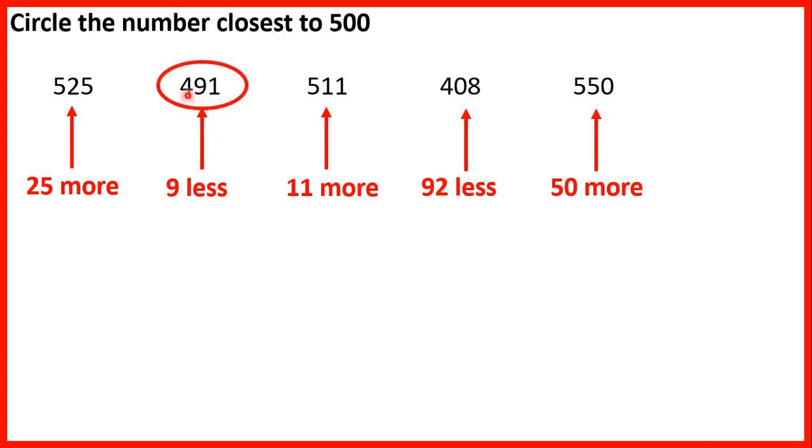So that will be 491, because that's only 9 less than 500. And all of our other numbers are more than 9 less or more. So remember, the closest number could be a number that's smaller or a number that's larger. But 491 is the number with the smallest difference, so that's why it's the closest number to 500.